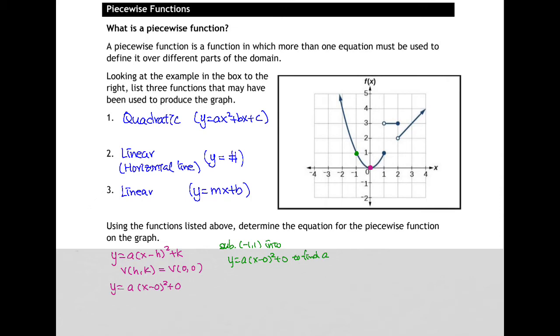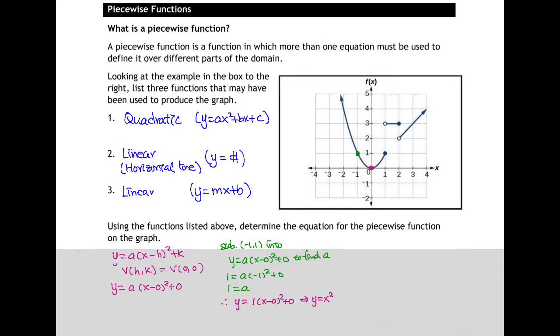And we are going to get 1 equals a, negative 1 squared plus 0. That means 1 equals a. So therefore, I know the first piece will be 1, x minus 0 squared plus 0, which can be simplified to y equals x squared.